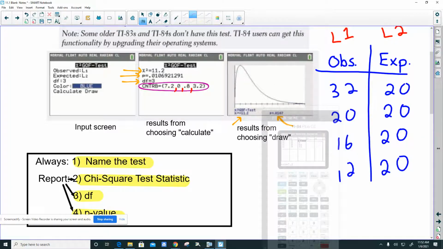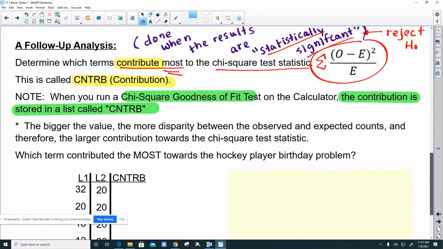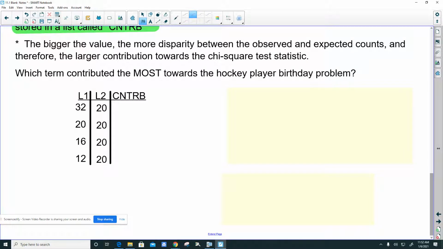So I'm just going to go ahead and copy that down here at the bottom. I have my L1 and my L2. These are my contributions. The larger the value is, the more disparity between what was observed and what was expected, which is creating a larger contribution to what that chi-squared test statistic is.